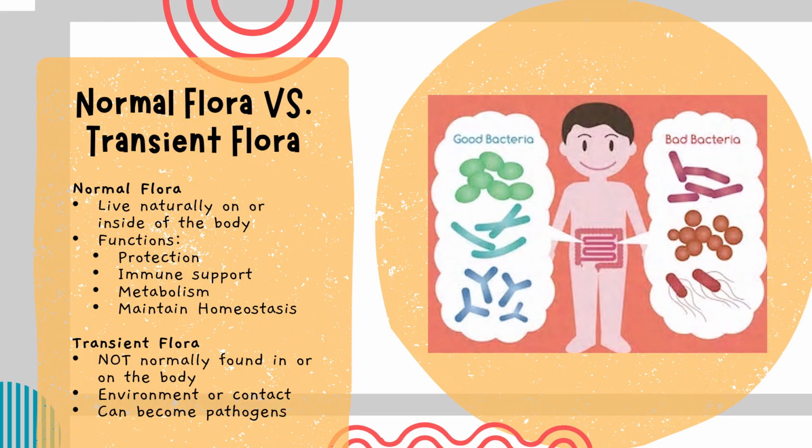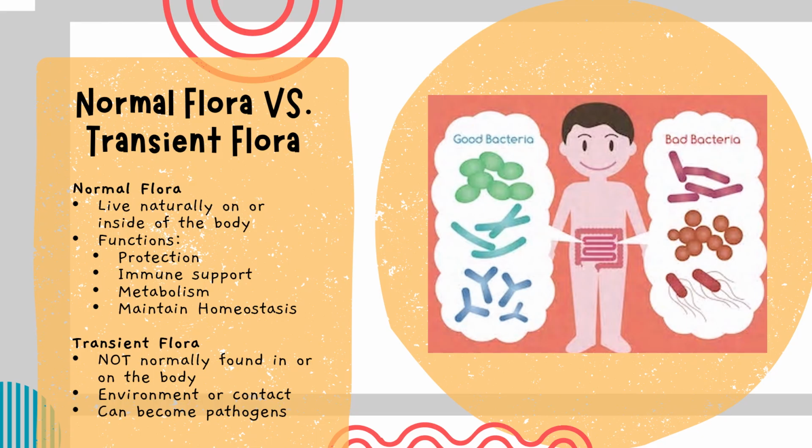These normal flora are really protecting the body, providing immune support and metabolism. Metabolism is in the GI tract. It's going to help with digestion. So your gut normal flora helps synthesize vitamin K and certain other vitamins and aids in that metabolism.